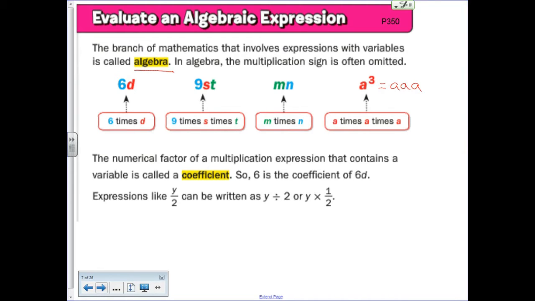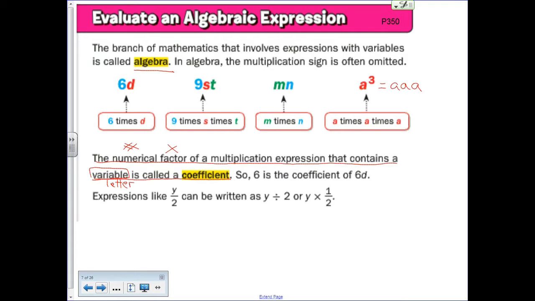So the numerical factor of a multiplication expression that contains a variable is called a coefficient. You need to get used to this definition, because it is a mouthful, but it keeps coming up throughout this chapter and the next chapter. The numerical factor, the number, factor means to multiply, of a multiplication expression that contains a variable, another vocabulary word, so we could say contains a letter, is called a coefficient.